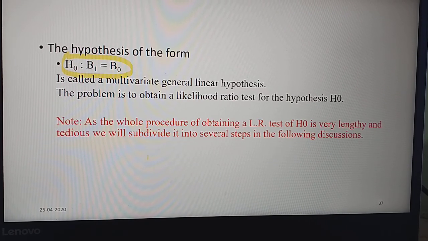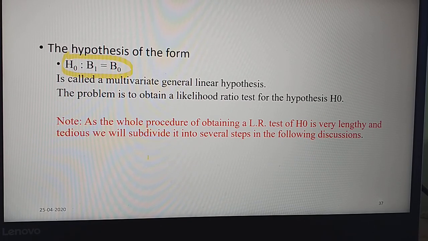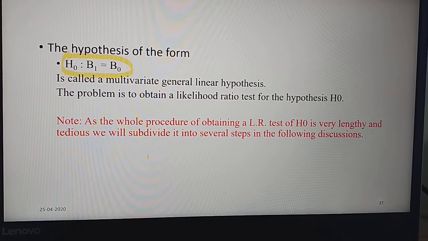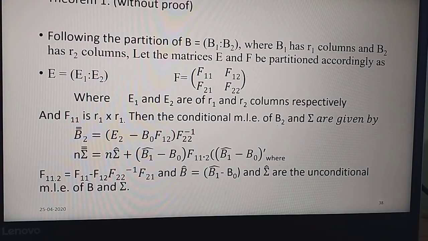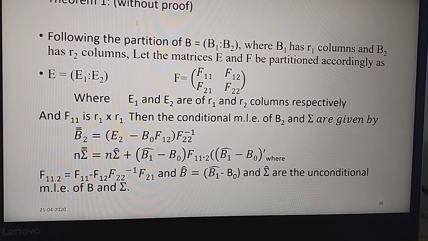It needs several steps, so the solution is obtained step by step in the sequel. For some of the theorems we will not discuss the proof. We simply state what the theorem says, and then we will apply it.